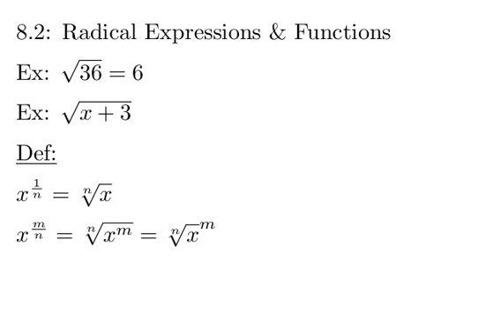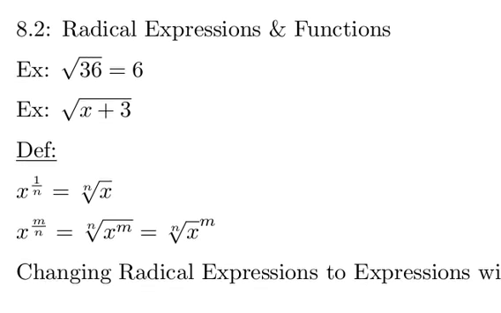So let's go on to an example of changing radical expressions to expressions with rational exponents. Okay, let's scroll down to expressions with rational exponents. We're going to be using these rules that we just mentioned.